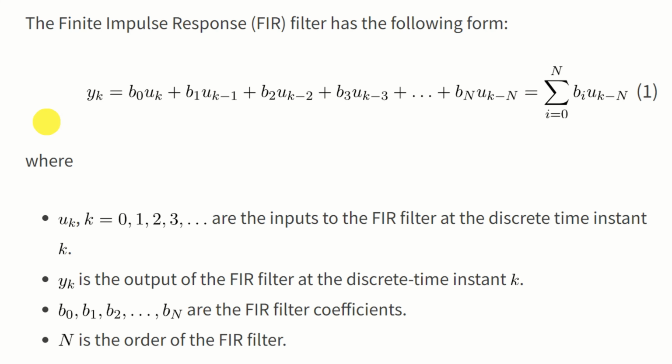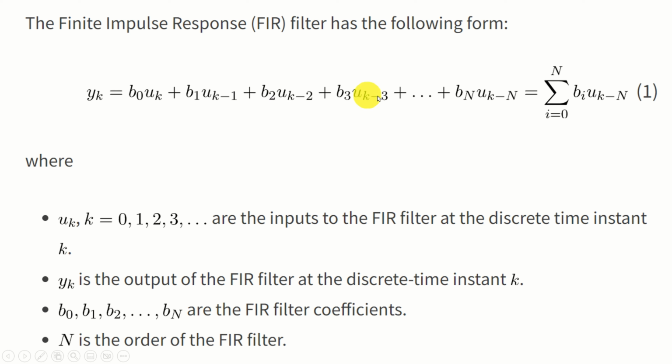Also, I have to mention that finite impulse response filters and finite impulse response models have a large number of applications in system identification and control theory. Namely, you can formulate a model of your plant or a model of the system that you want to control in the finite impulse response form.